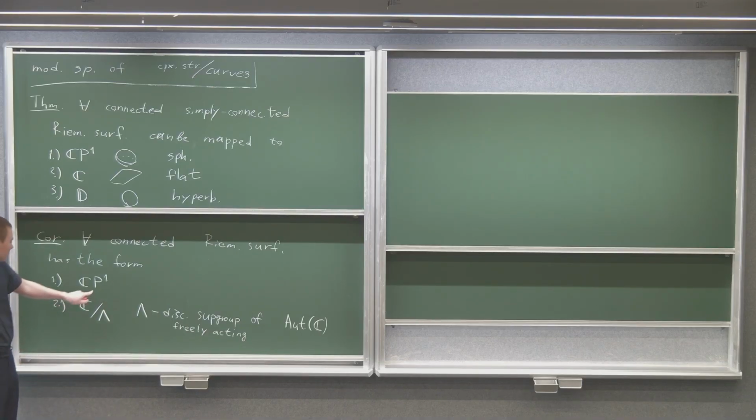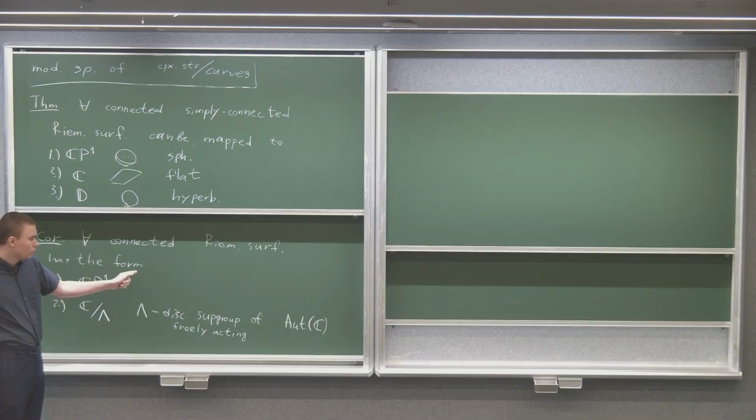And we can see that the automorphism group of CP1 is the Mobius group. And as we know, for each of the Mobius transformations of CP1, there is a fixed point. Say for translations, the infinity is fixed. For rotations, the zero is fixed. So here there is just no subgroup of the automorphism group that acts freely. Just no options.